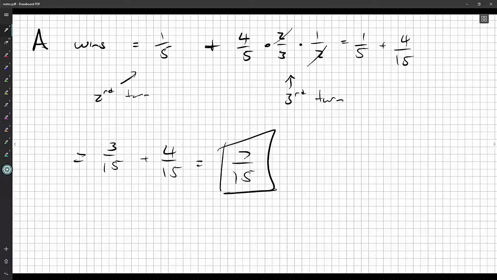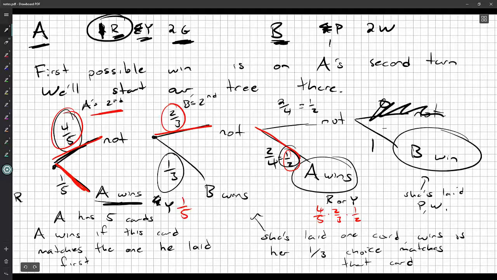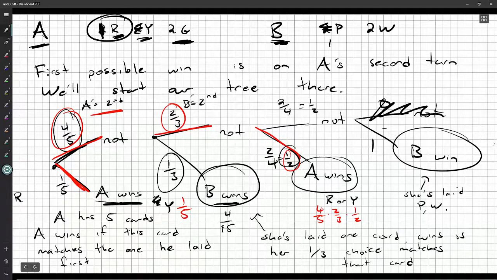Now, something you can do really quickly to double check and make sure at least your numbers are making sense. We know that either A wins or B wins. Okay? So the probability that A wins plus the probability that B wins should add up to 1. Now, what's the probability that B wins on her second turn? 4, and then 5 times 3, so 4/15 is the chance that she wins here.